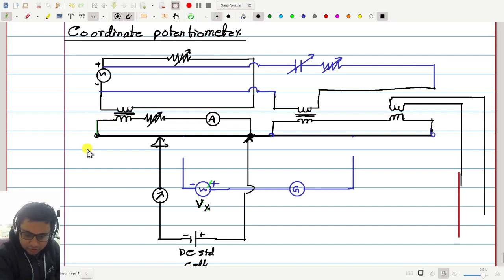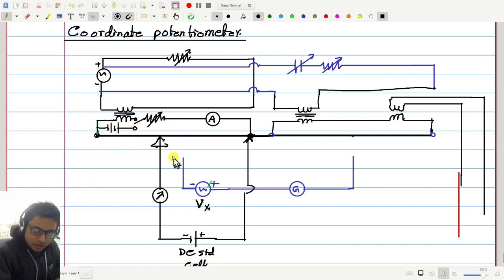Difficult for me now. Okay, let me do it this way. This is a DC supply, and here we have a key. Okay, so now let me repeat. I made this mistake, I forgot this.